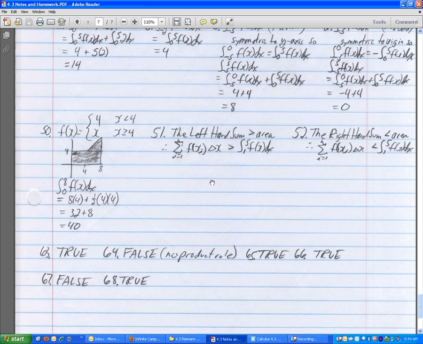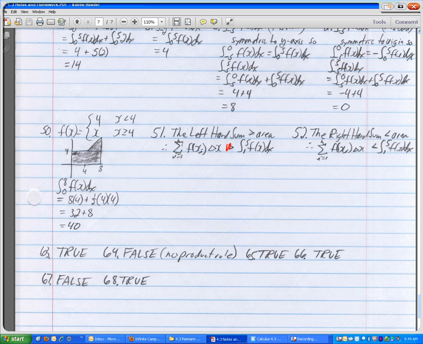So they gave us the sum from i equals 1 to n of f of x sub i delta x, and we're supposed to say whether it's less than, greater than, or equal to the integral from 1 to 5 of f of x dx. So in other words, will that approximation be exactly equal to the actual area, or will it be less than it, or will it be greater than it?